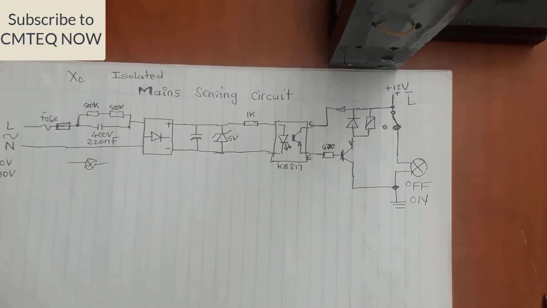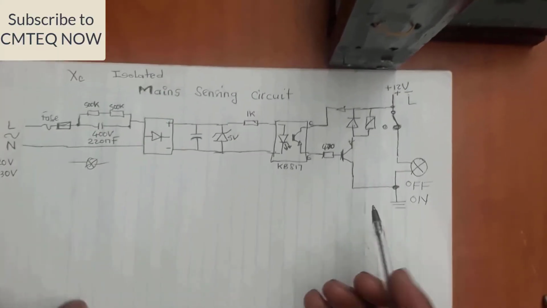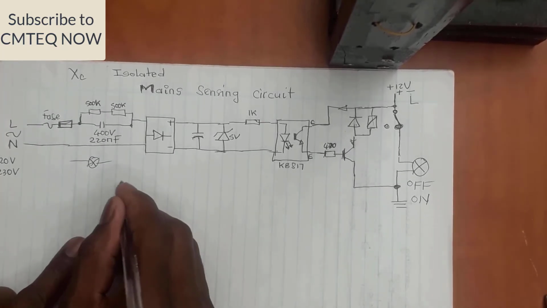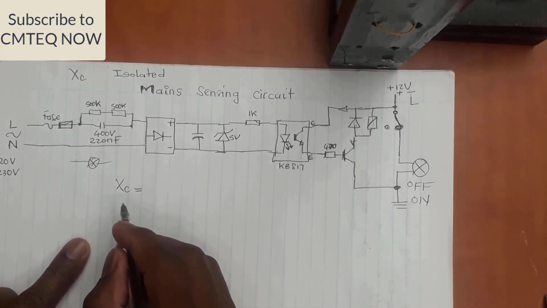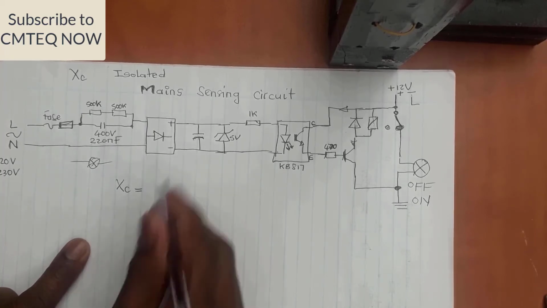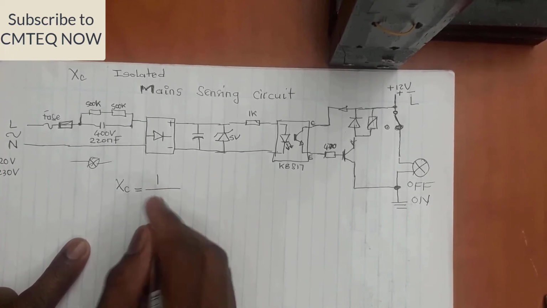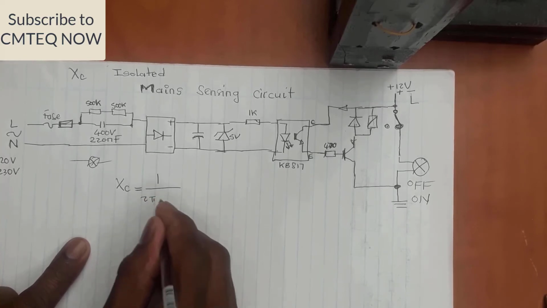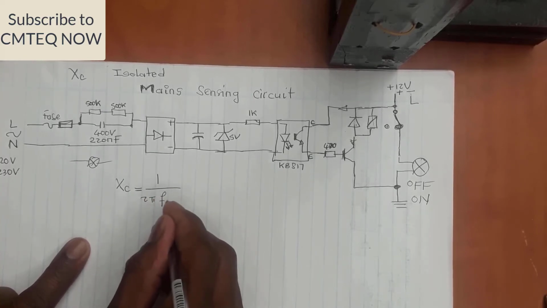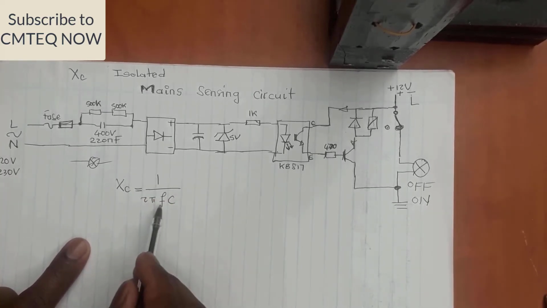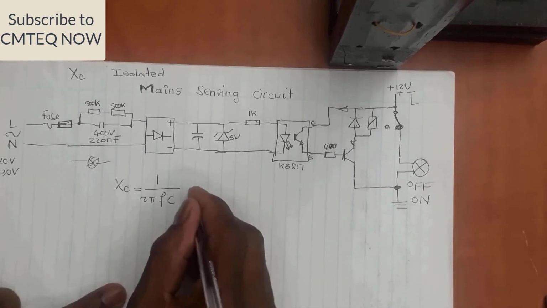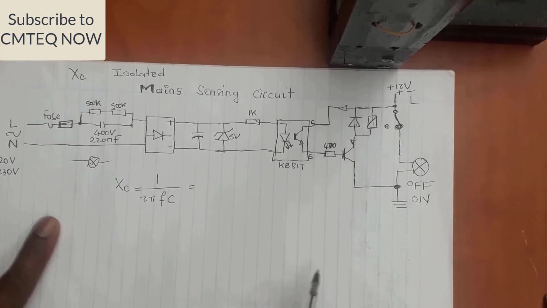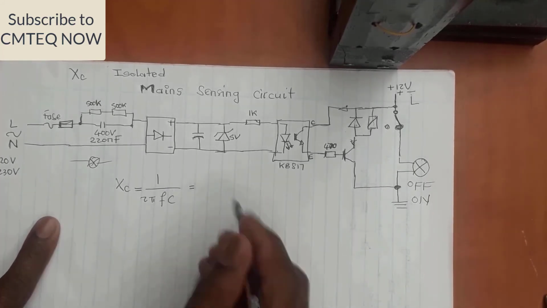If you have been studying engineering, electrical or electronics, we know that XC, the capacitive reactance, the impedance of the capacitor, is given by 1 over 2 pi FC, where F is the frequency of your MEMS and C is your capacitor.